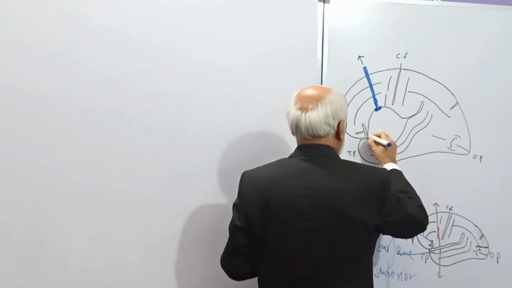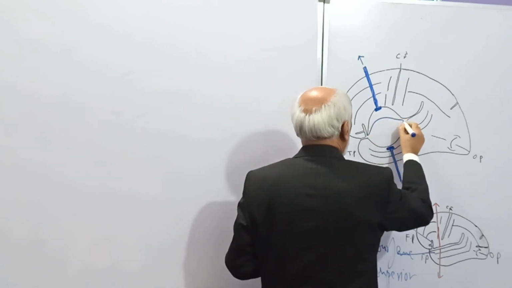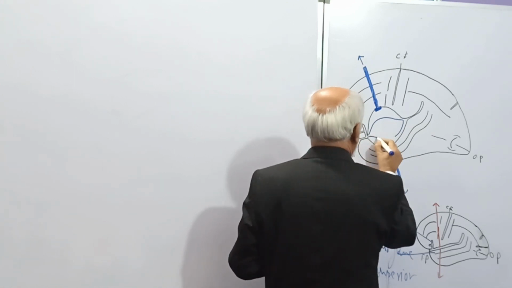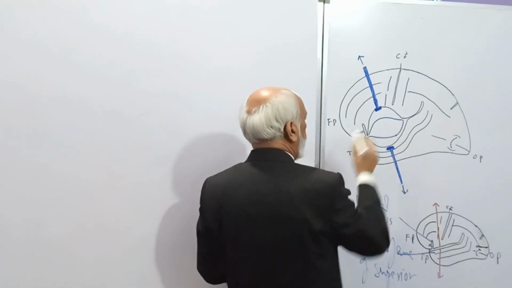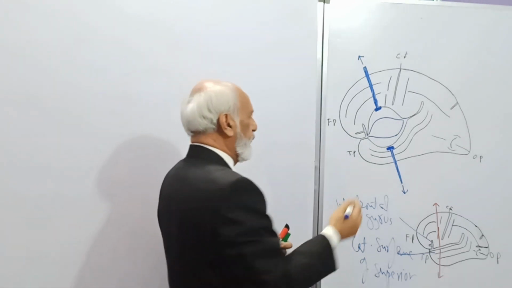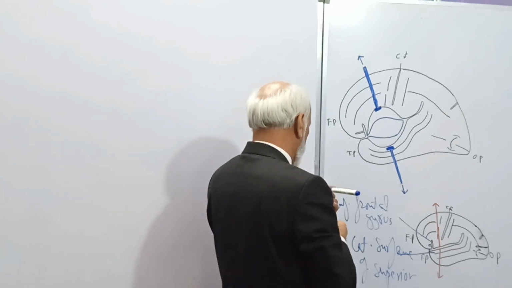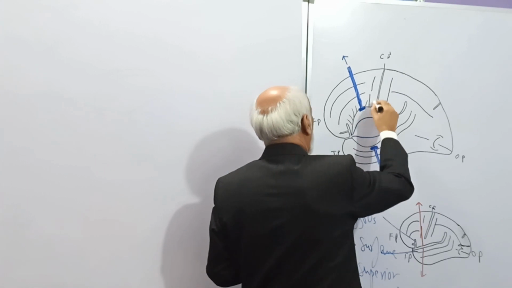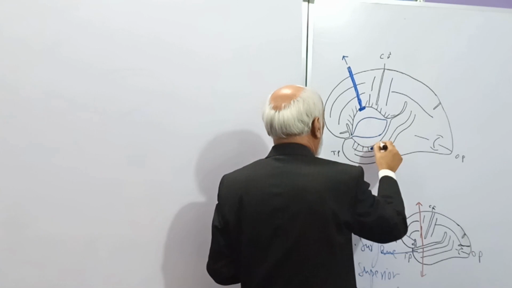Then inside we can see the floor of the posterior ramus of the lateral sulcus, which will be visible to us only when we move the upper lip of the posterior ramus upwards and the lower lip is stretched downwards.